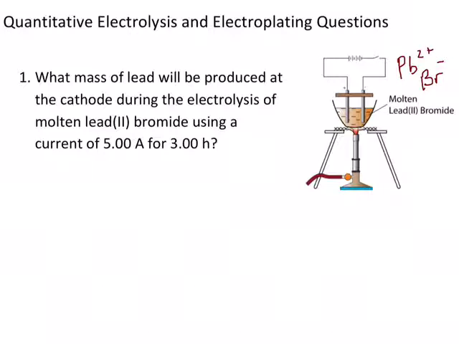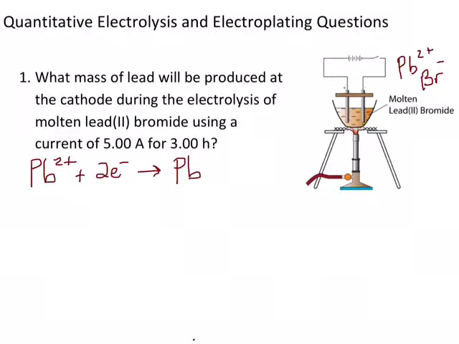So we're going to answer the question using a string of unit multipliers, but before we do, let's look at the half reaction. The lead 2 positive is going to gain 2 electrons, 2 moles of electrons for every mole of lead 2 positive, and that's going to form a mole of lead metal.